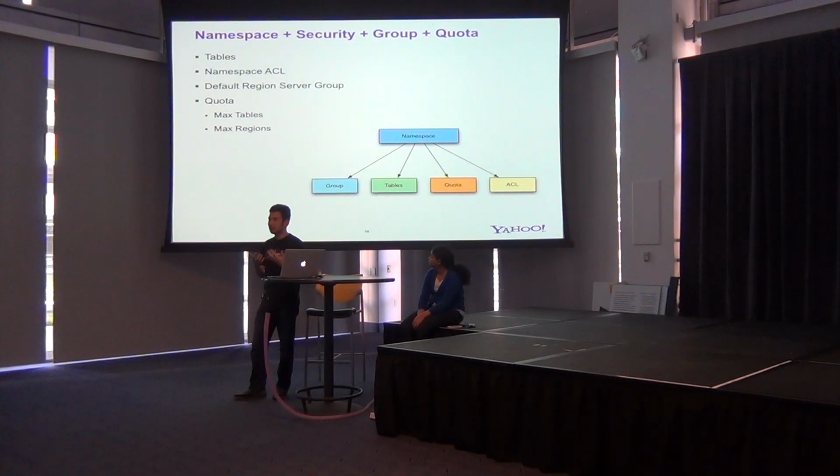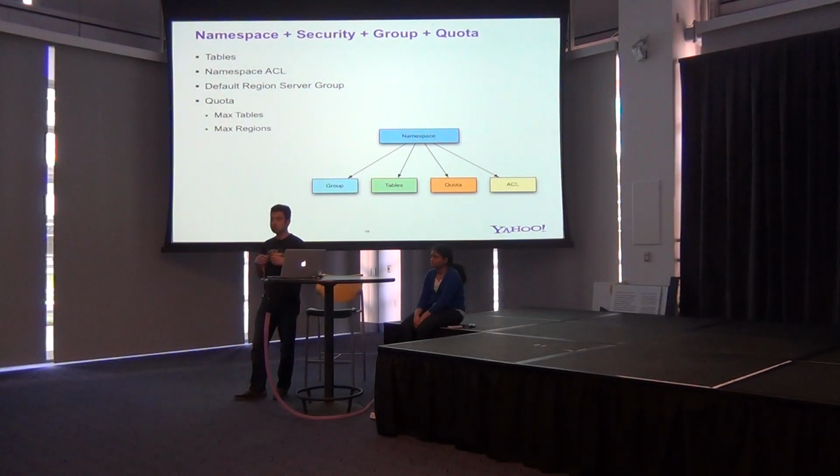So now you have the groups of tables, you have namespace ACLs so that you can actually give project admins their own privilege to create and run the tables, thus removing that bottleneck with the HBase system admin. And now also you have a default region server group per namespace, and what that does for you is that whenever you create a table, it will always end up in that group. So you've created this workspace, this namespace as your workspace for the tenant. It's the whole environment.